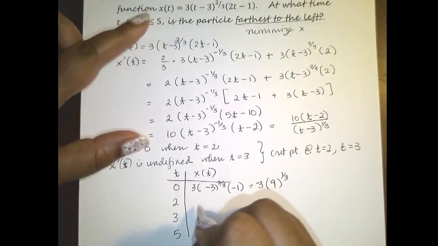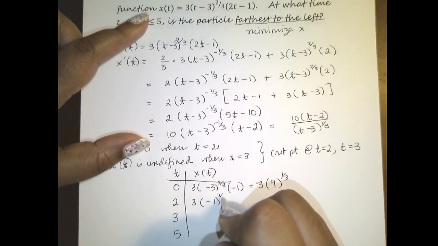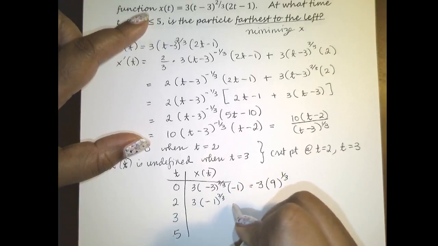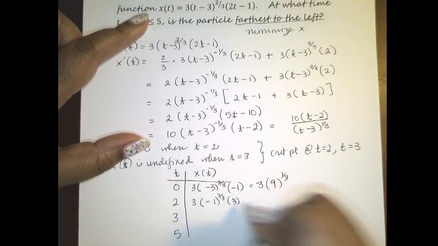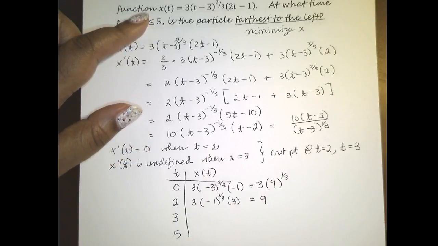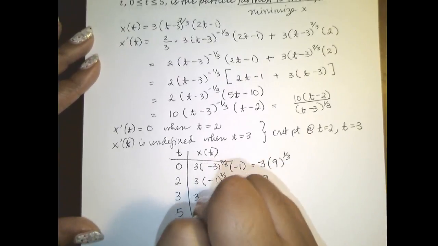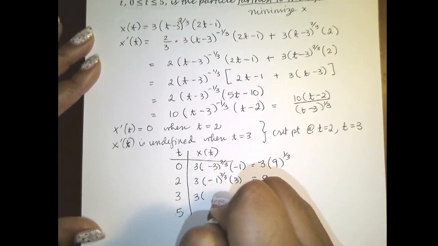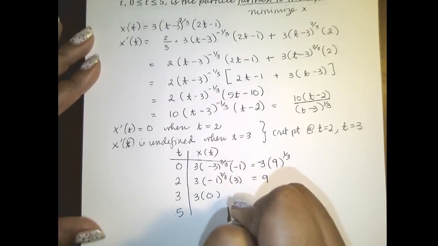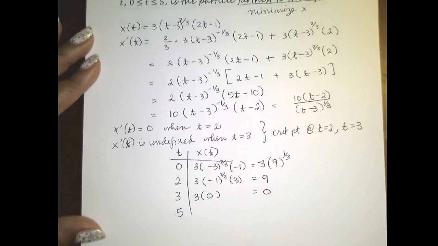But put 2 in for t, I get 3 times (2 minus 3), which is negative 1, to the 2/3 power, times (4 minus 1), which is 3. So that actually comes out to be 9, because negative 1 to the 2/3 power will be 1. If I put 3 in for t, I get 3 times 0, because 3 minus 3 is 0, so this is going to be equal to 0.